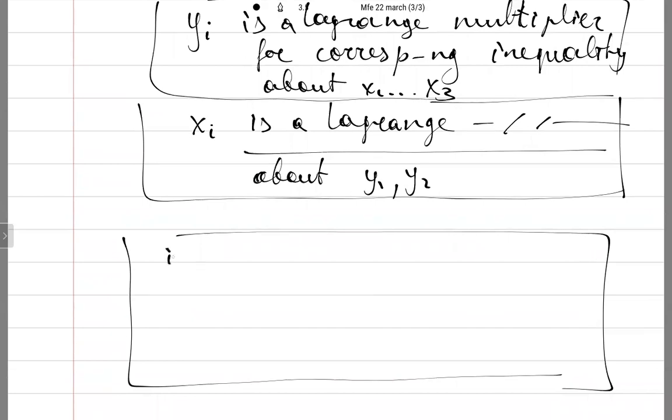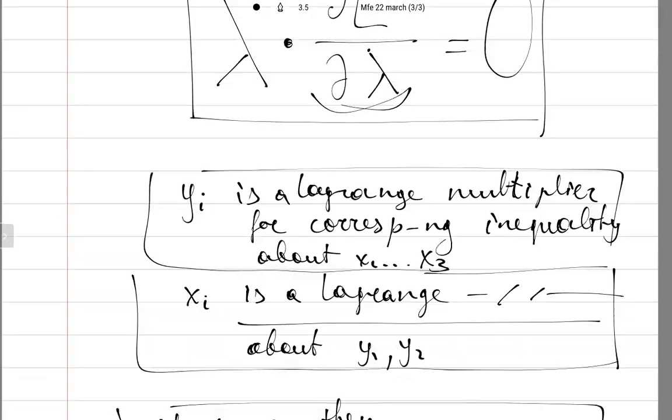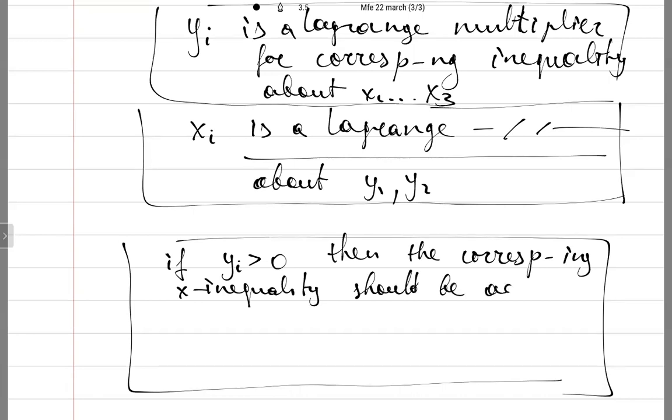First one: if a y is positive, I don't care which one, y1, y2, then the corresponding x inequality should be active.